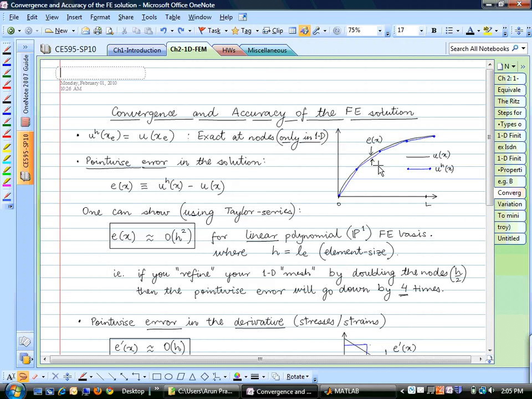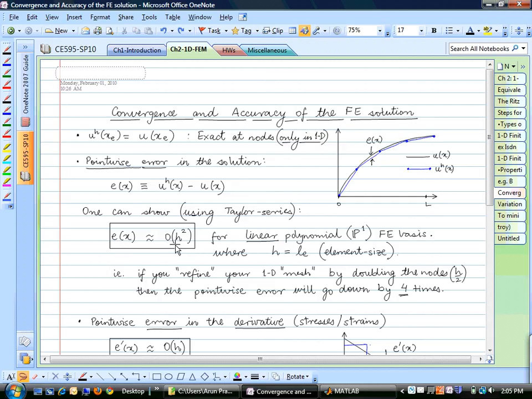In this case, there are 4 elements, so the length of the element is the size of one element. You can imagine if there is a big structure, you have decomposed that big structure into small elements. So the size of each element is the h that we are saying here.